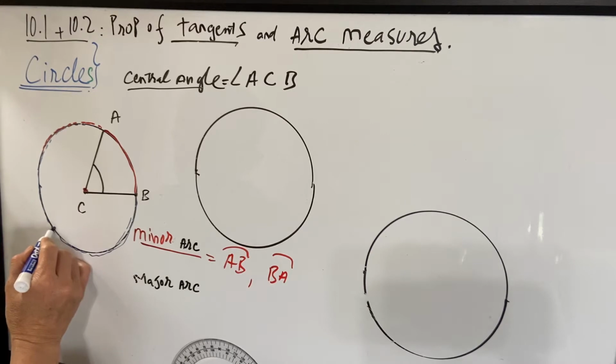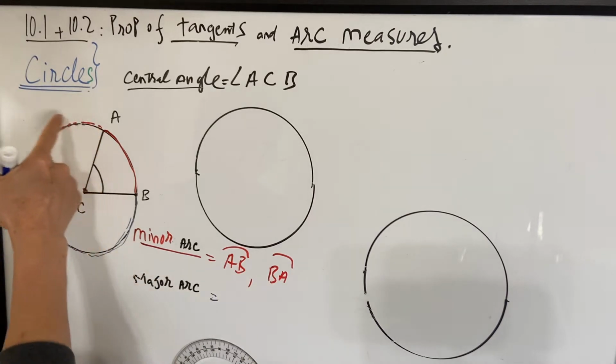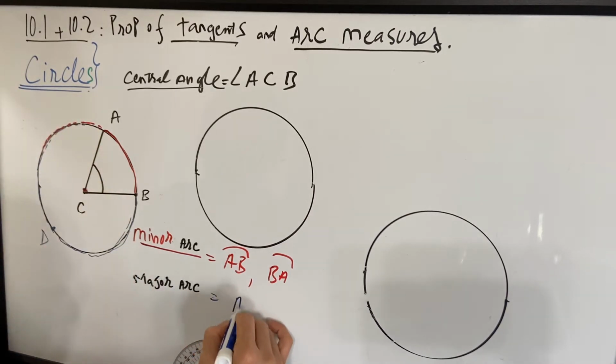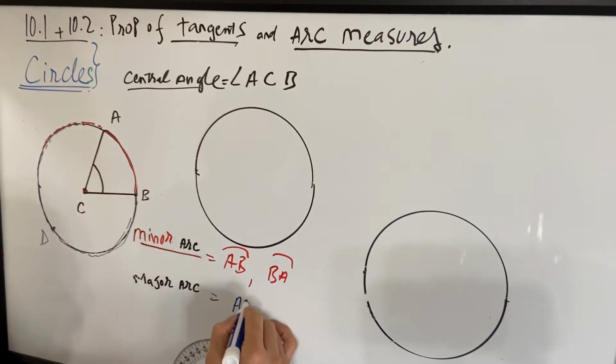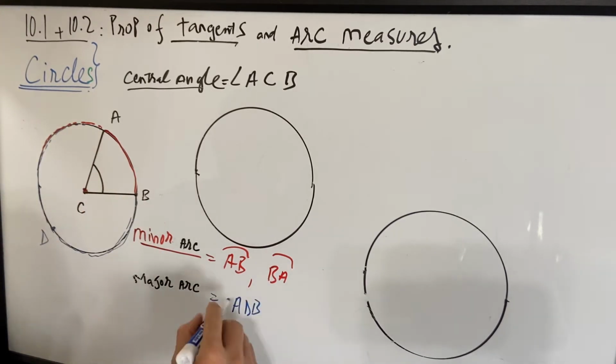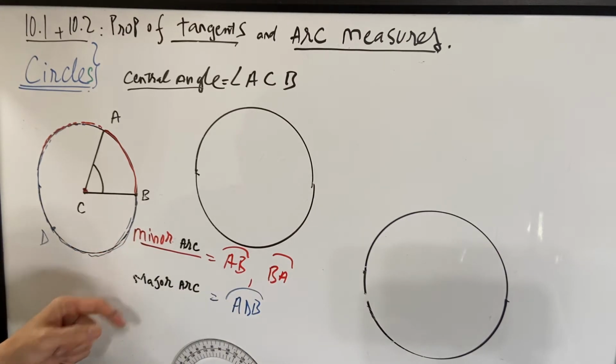Let's call another point on the circle, and that point is D. So for the arc going the other way, you will have 3 letters, which is A, D, B. That is to differentiate the minor arc from the major arc.